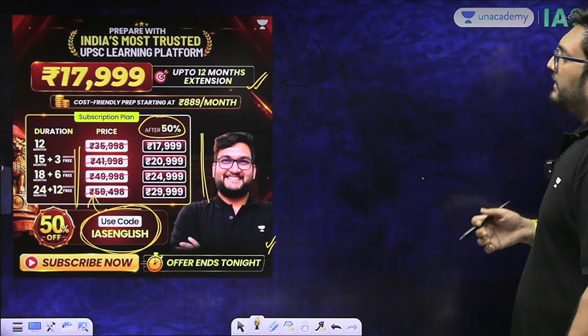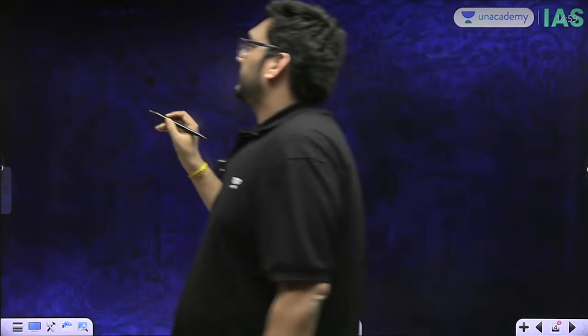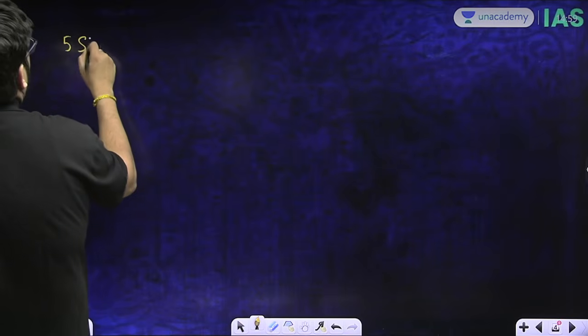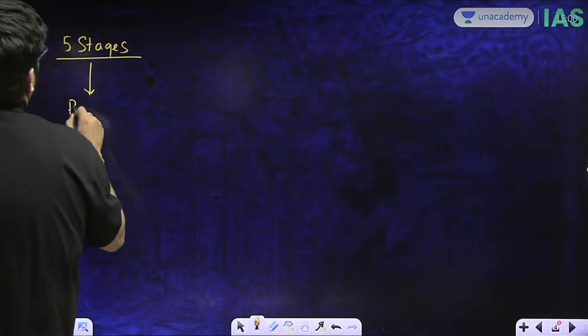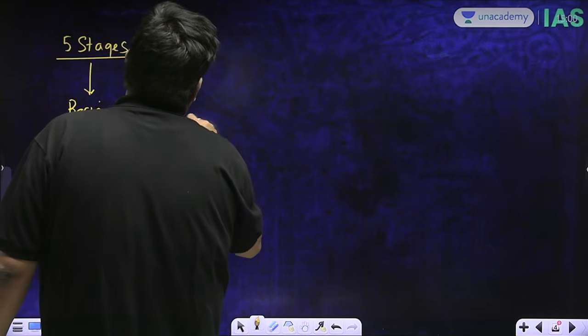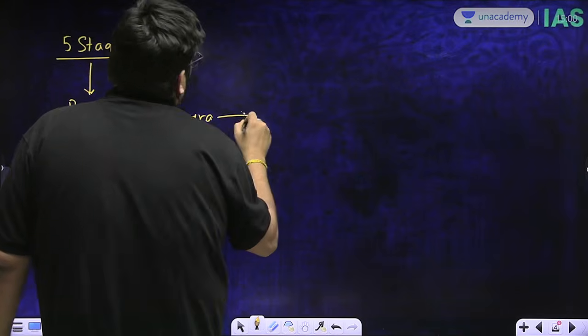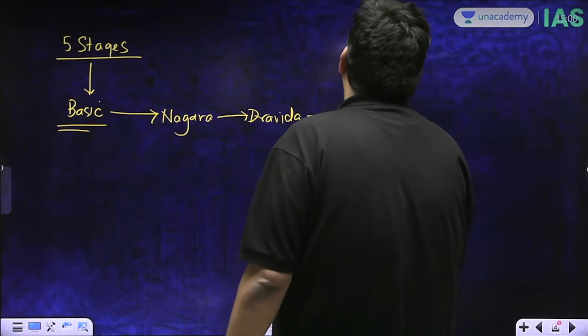Now, when we talk about temple architecture, there are 4 to 5 things which you have to understand. First is the 5 stages of temple development. Then basic components of temples. Then what is Nagara style, what is Dravida style, and what is Vesara style.